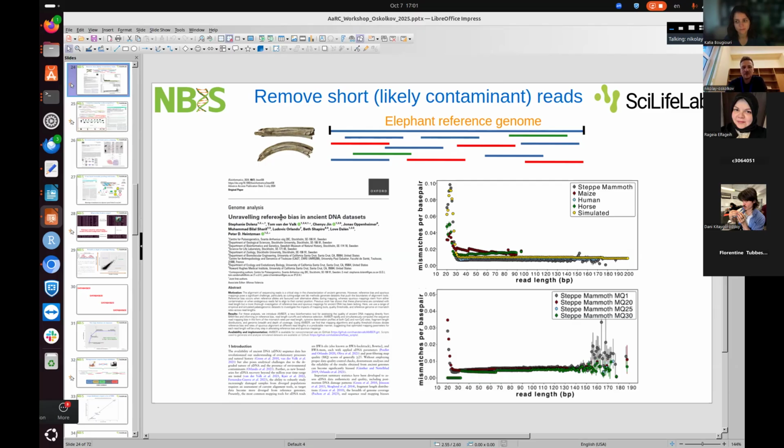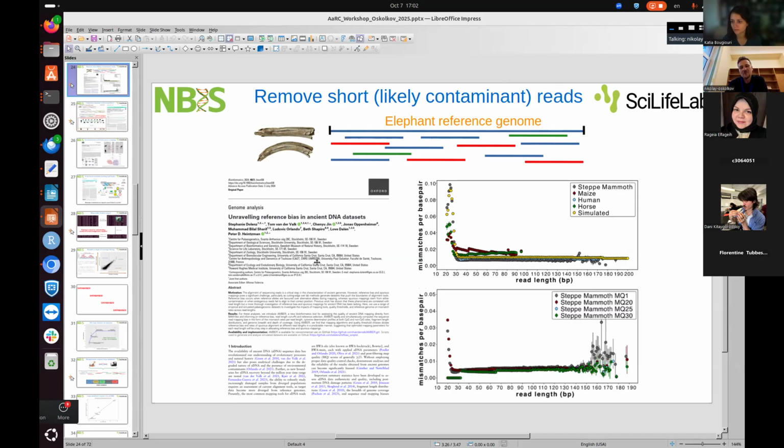Evolutionarily divergent reads can be dropped if they have too many mismatches. So you have to realize that by doing whatever mapping, whatever reference-based approach, you are selecting reads that resemble the modern references, and this is what's called reference bias, and it's a big problem. There are suggestions in this paper on what to do about that.